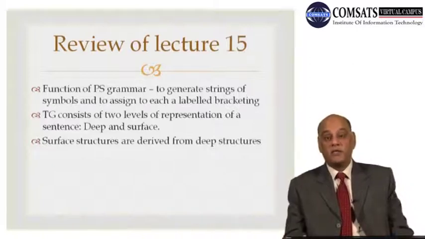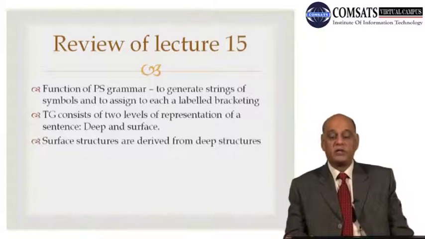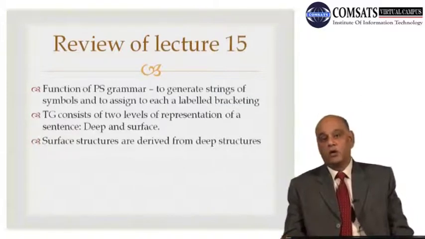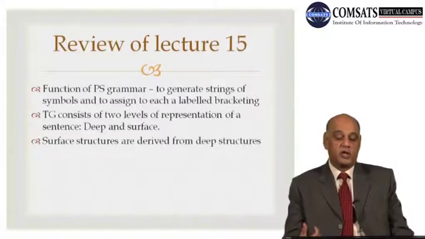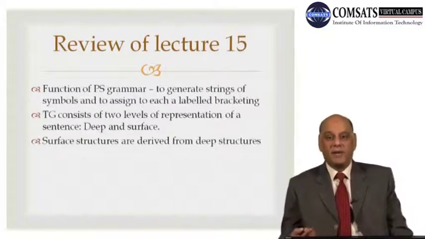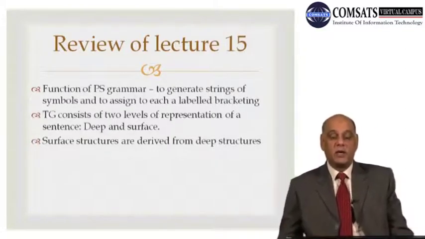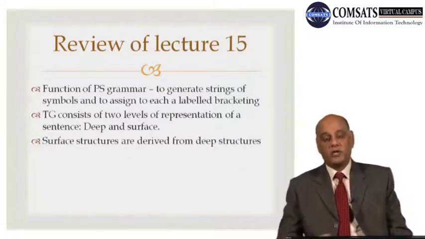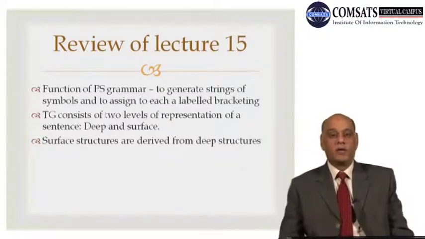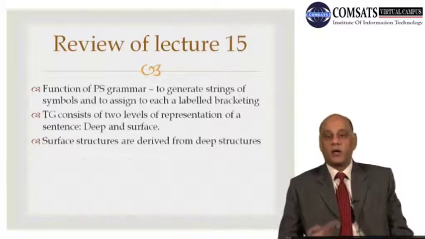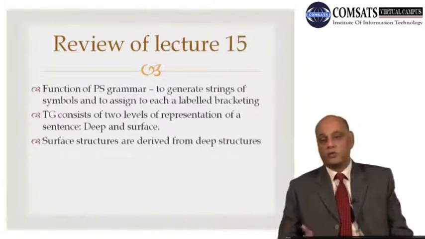Transformational grammar, we saw, consists of two levels of representation of a sentence: the deep structure and the surface structure. The deep structure is the underlying structure, and you start with a deep structure. The deep structure is basically the basis of generating a sentence, and passing through a process, it gives a sentence which is uttered, a sentence which is heard or spoken.